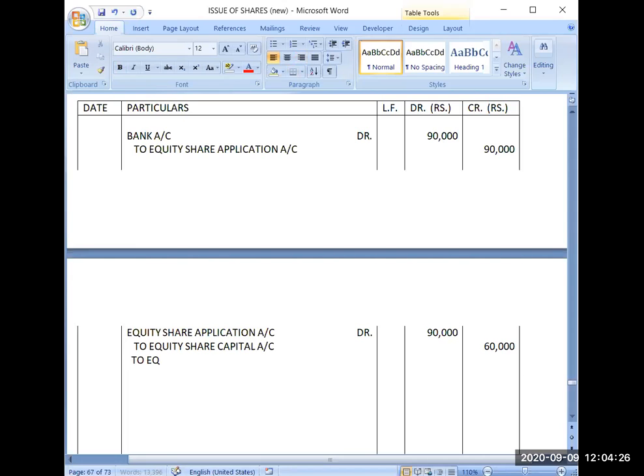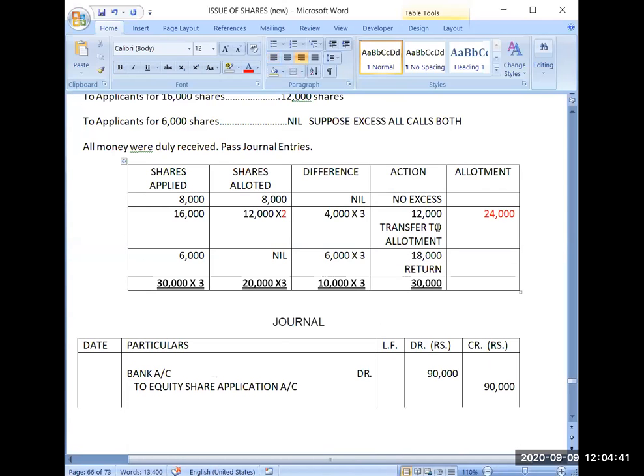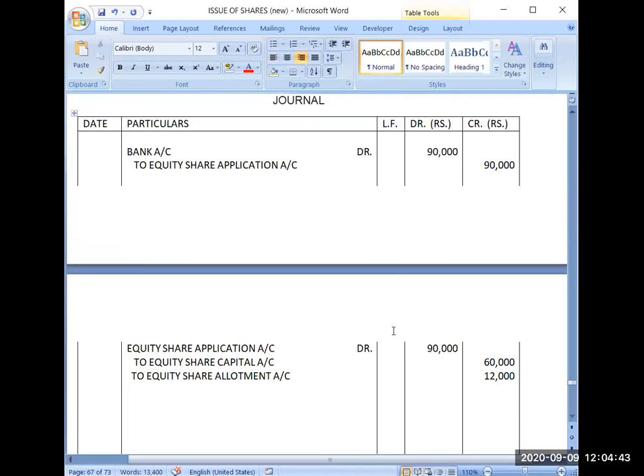To equity share allotment account, that I got from the table, that 12,000 I have to transfer to the allotment account, and I have to return some amount to the bank account, 18,000.